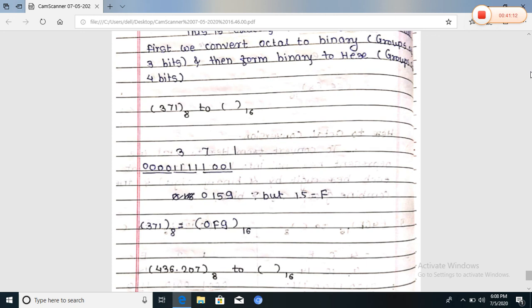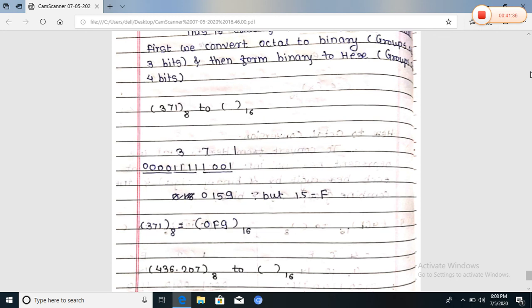Same as before, the only change is in hexa to octal: the hexa number is first converted to binary as 4 bits, and that binary number is grouped in 3 bits. That conversion is hexa to octal. For octal to hexa, octal is first converted to binary in 3 bits, and then the 3 bits are grouped in 4 bits.